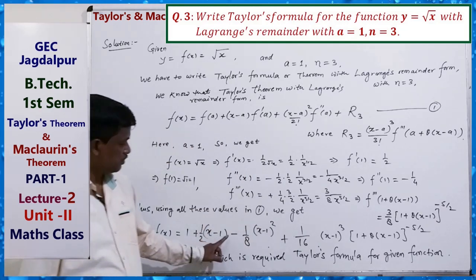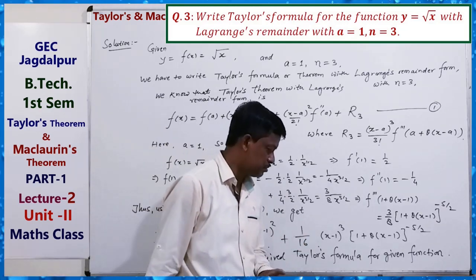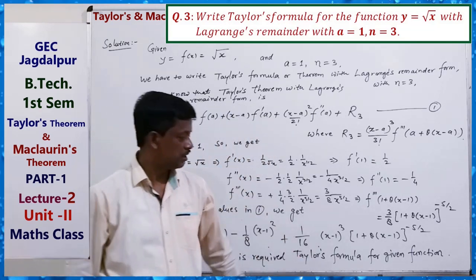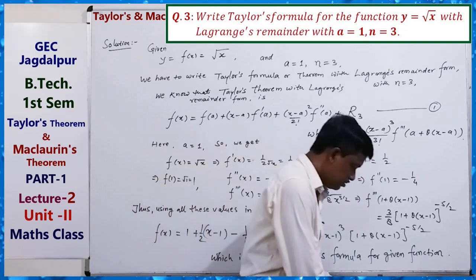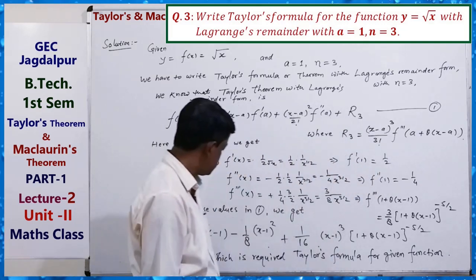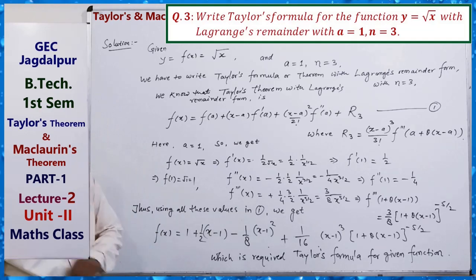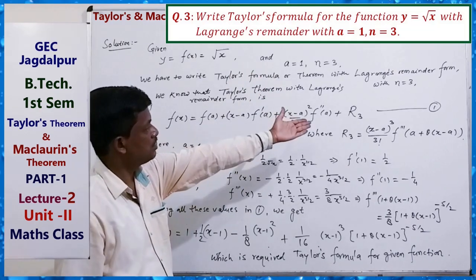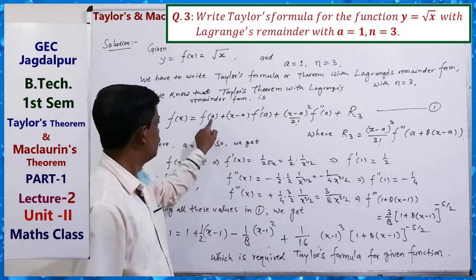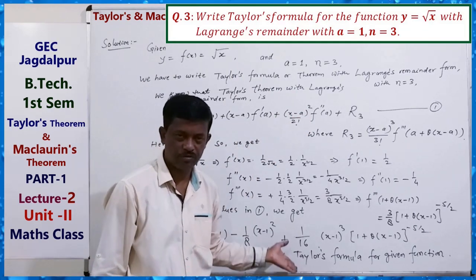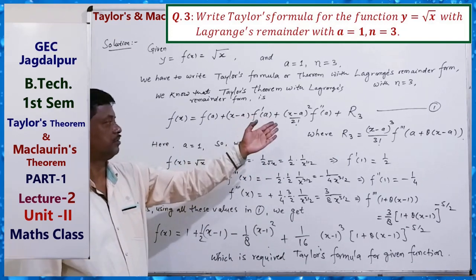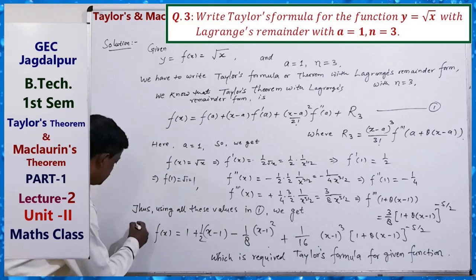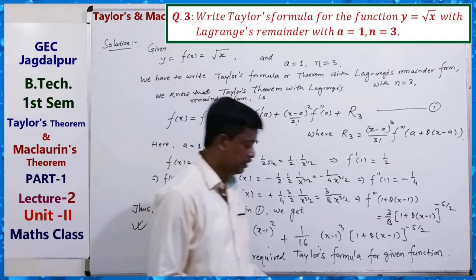So 1 plus half (x minus 1) minus 1 by 8 (x minus 1) square plus 1 by 16 (x minus 1) cube and this remainder. Okay. So this is Taylor's formula up to n equals 3. So use a equal to 1, find all the derivatives and the remainder also, and just put them in the formula. So this is the solution. Okay.